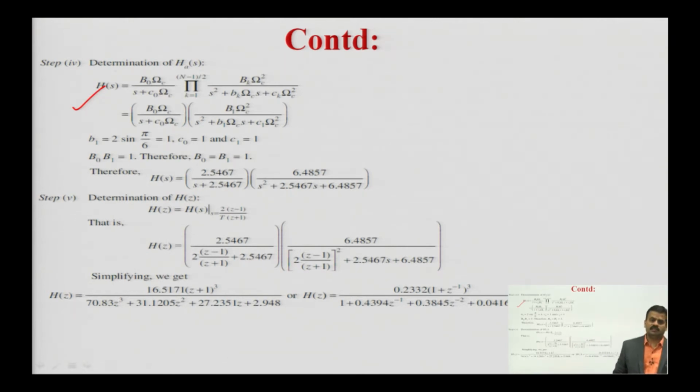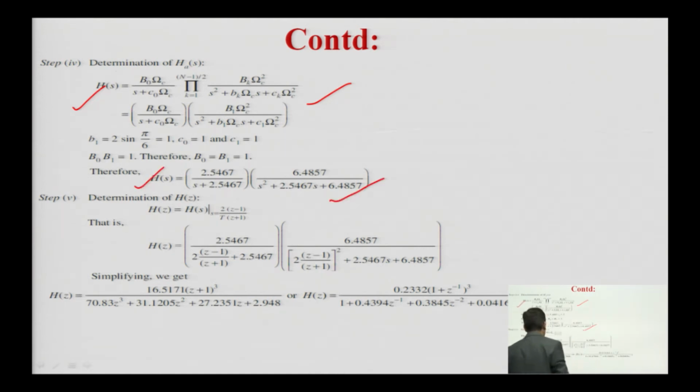Similarly, whenever your n is even, then your H(s) formula is different. So, you can use the formula of H(s) as per the order of the filter, whether it is even or odd. So, H(s) is equal to B0 ohm C to the power this formula. If you remember this, you can design, you can prepare your H(s) finally. So, this is your H(s).